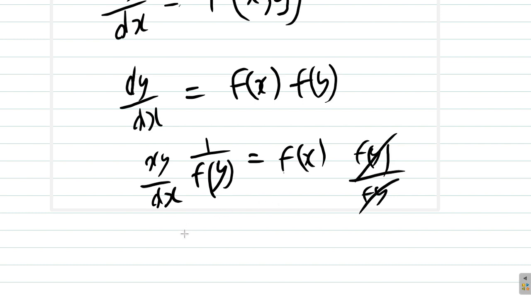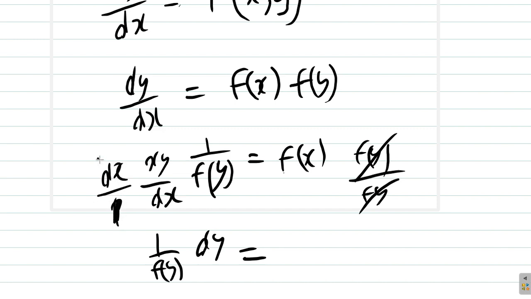And then if you multiply both sides by dx, what you have is, let's put the f of y on the left, f of y dy is equal to f of x dx, because the dx cancels.